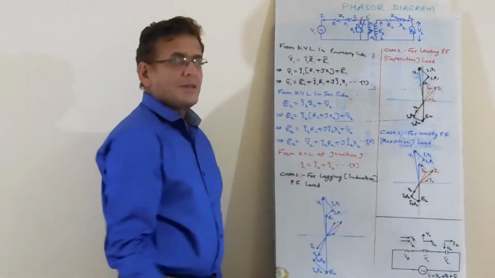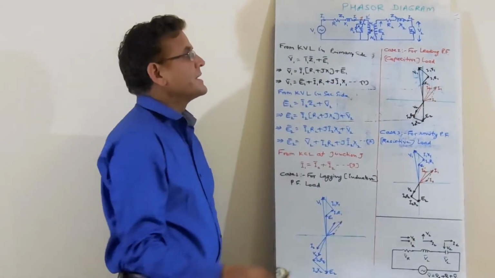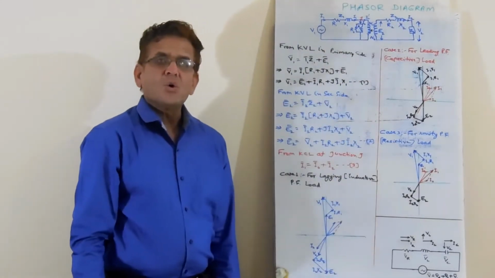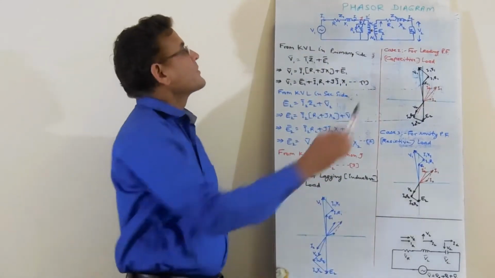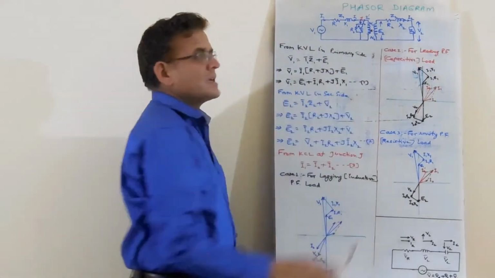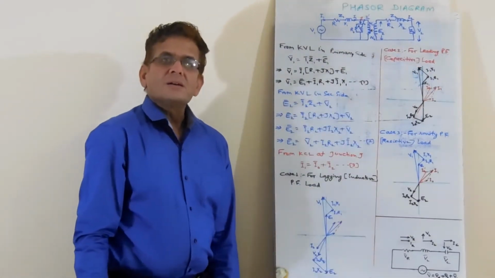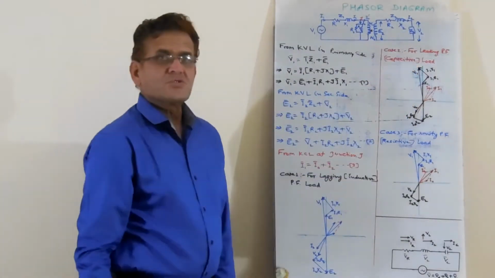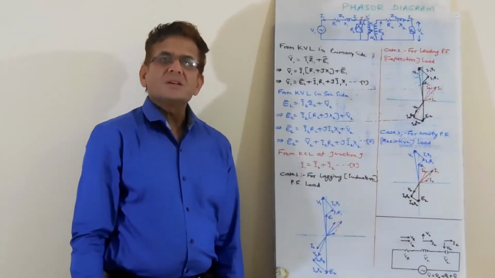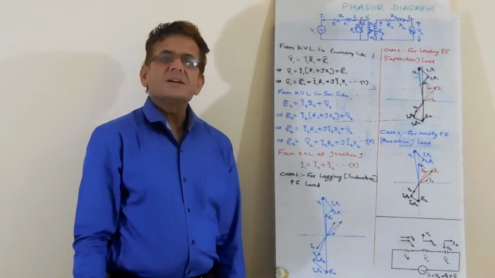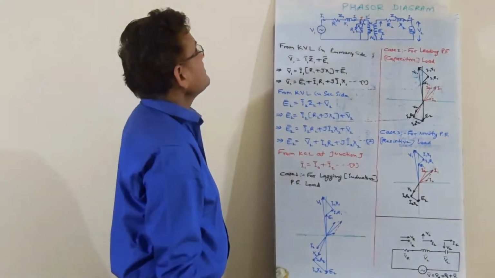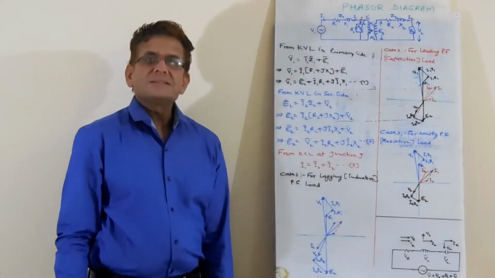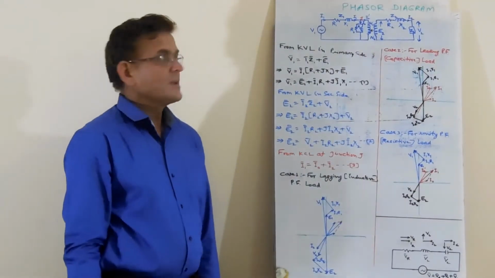Z2 impedance of secondary winding. I2 secondary current or load current. ZL load across secondary winding. V2 is called load voltage or secondary terminal voltage. So here is shown equivalent circuit of single phase transformer.